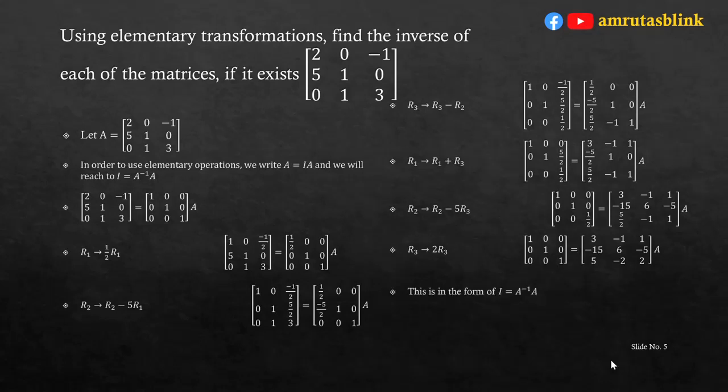Now on the left hand side, if you observe, this is nothing but the identity matrix of order 3, that is 1, 0, 0, 0, 1, 0 and 0, 0, 1. So it is in the required format of I is equal to A inverse into A, and hence A inverse is equal to 3, minus 1, 1, minus 15, 6 and minus 5, 5, minus 2 and 2.